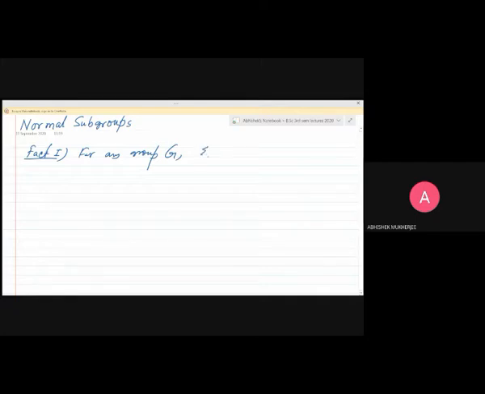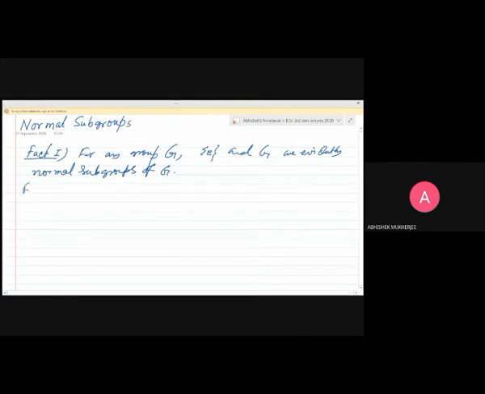The singleton E and the whole group G are evidently normal subgroups of G. So these are trivial normal subgroups. You don't have to check whether it is normal or not. It is always normal in the given group. Okay.